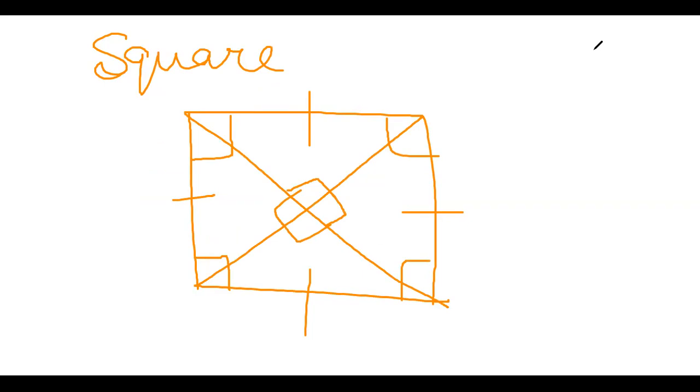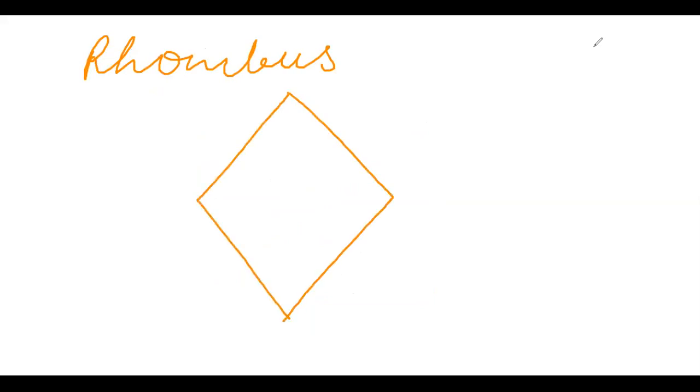Then next is rhombus. A rhombus is also a kind of parallelogram. And what is the rhombus? A parallelogram whose all sides are equal but angles are not equal. Opposite angles are equal, diagonals bisect each other, not equal. Diagonals bisect each other at 90 degrees. So then it is called a rhombus.